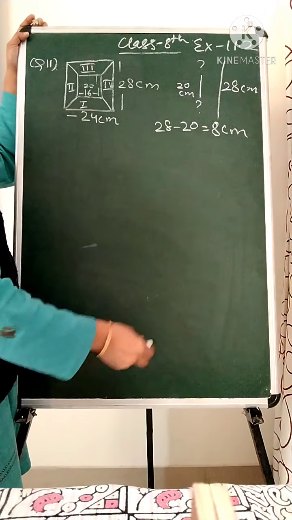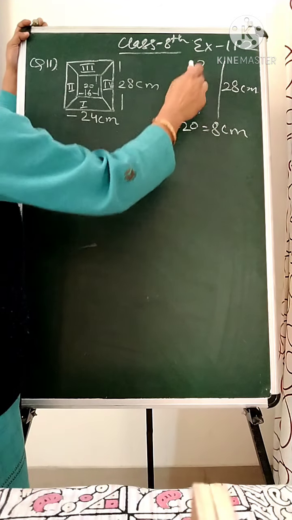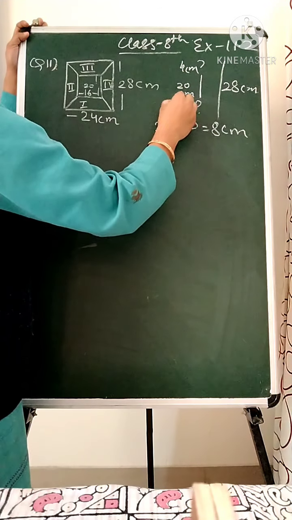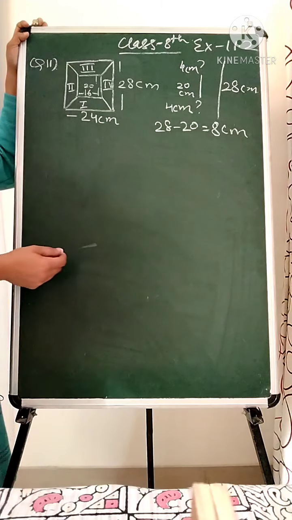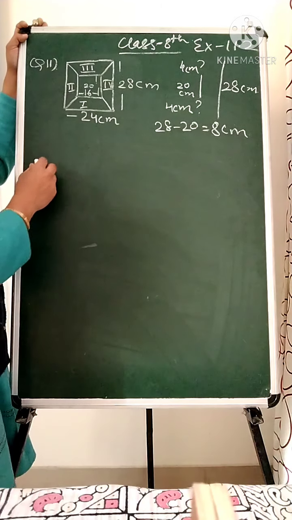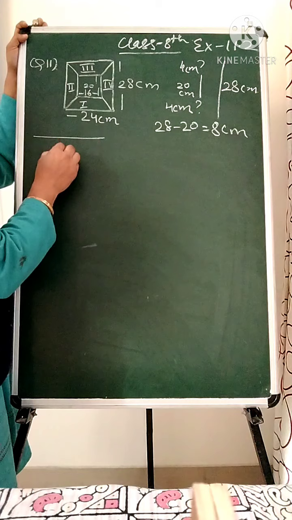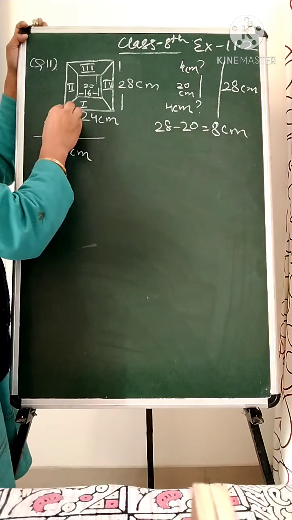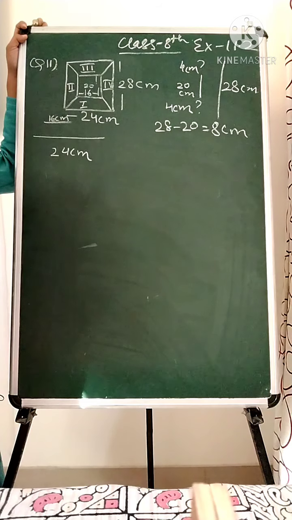After that, here are two parts in equal shape. So, it must be equal to 4 centimeter. This also will be equal to 4 centimeter. Is it clear? In the same way, you know that this length is 24 centimeter and this one is 16 centimeter. Is it clear now?